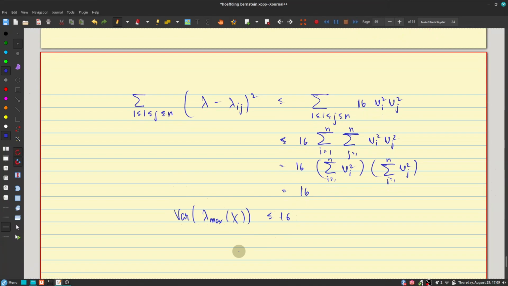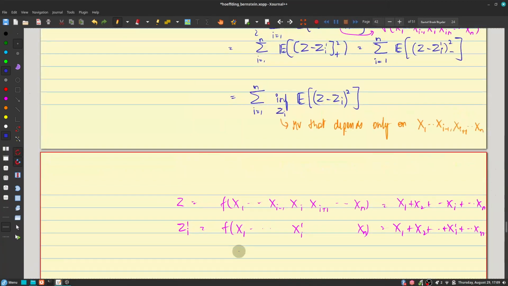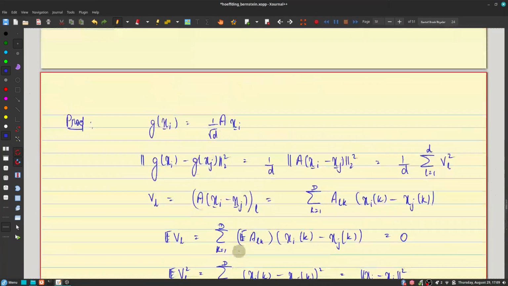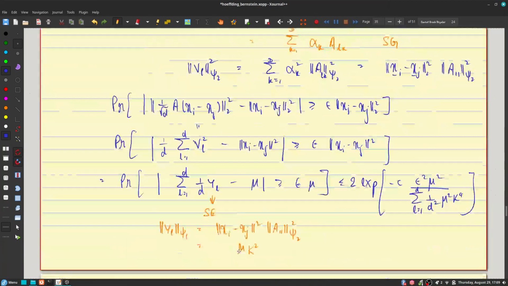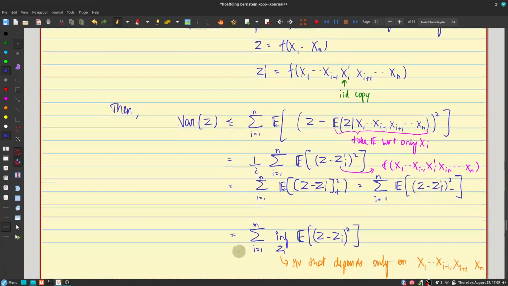Well, ultimately, the starting point is always this point in the Efron-Stein inequality. You typically start with this inequality, and in fact, the rest of these are obtained by rewriting this or representing it in different ways.